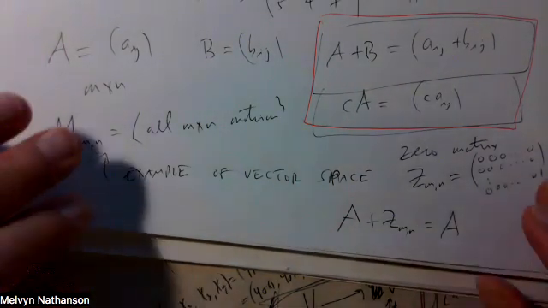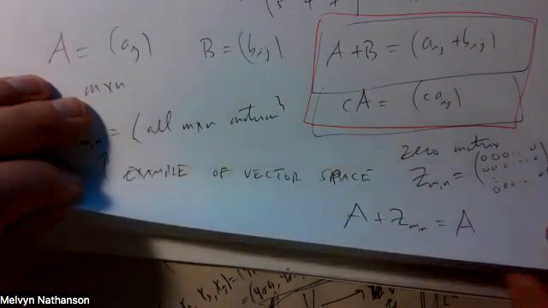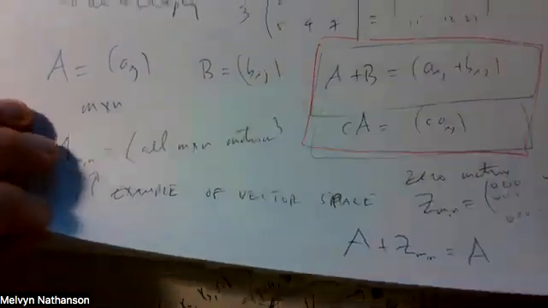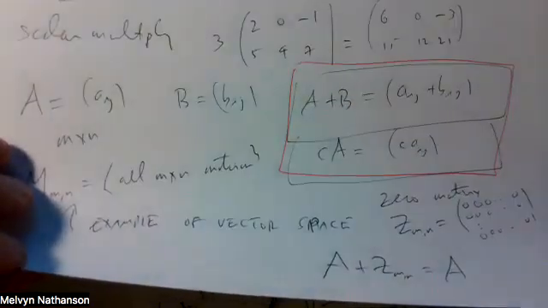Okay. Now, matrices have another property that's a tad more complicated, and which is matrix multiplication.